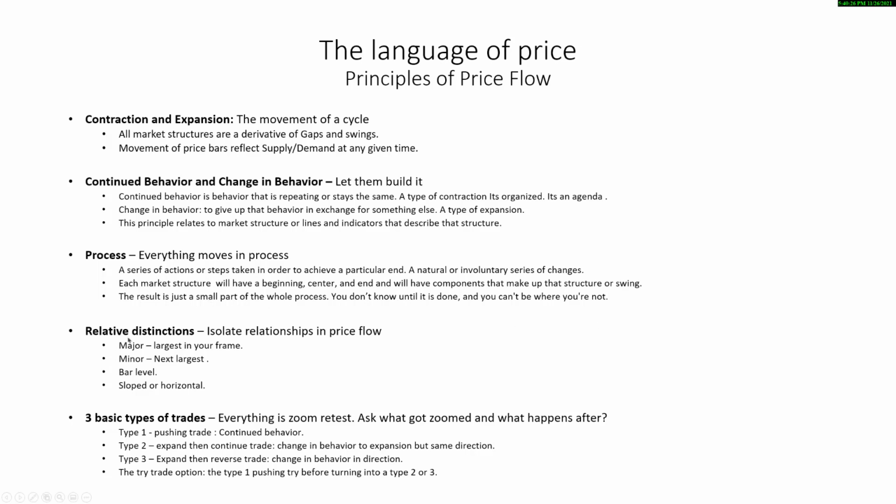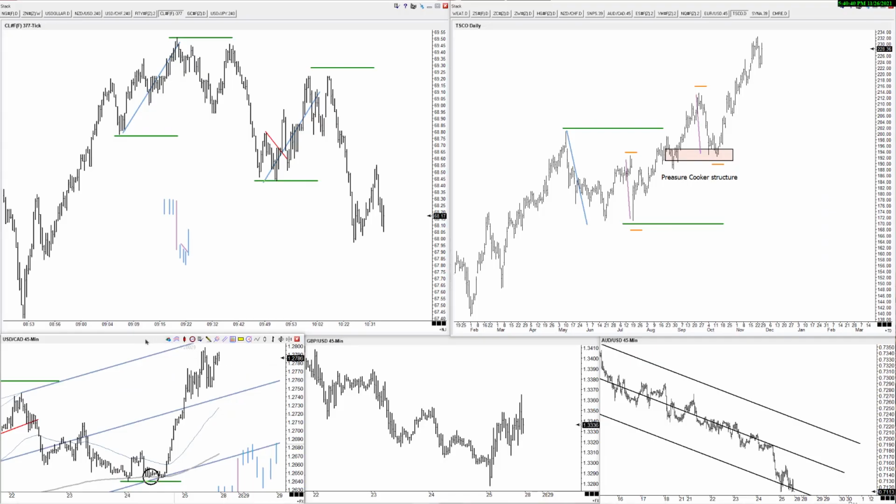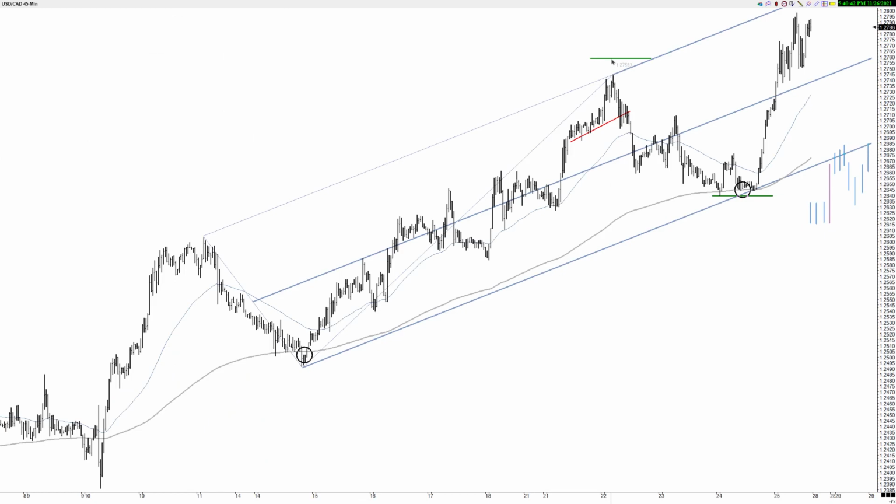Relative distinctions. The market moves in swings, and we're going to isolate that in major, minor, bar level. We're going to have definitions for this. The market moves in swings. We're going to isolate the biggest, the next biggest, no matter what funny shapes it's looking at.